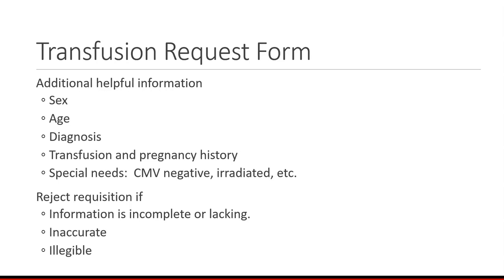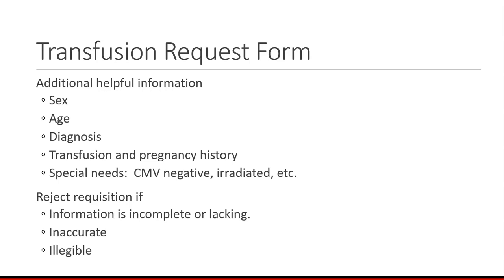Their diagnosis, if the patient's a sickle cell anemia patient, I know that I'm probably going to be looking at a serologically complex patient because they make antibodies hand over fist. Transfusion and pregnancy history, this is especially important if you get a positive screen. The 2 ways you are exposed to red cell antigens that you do not possess are through transfusion and pregnancy. So if you get a positive screen, first thing you're going to do is get this information.